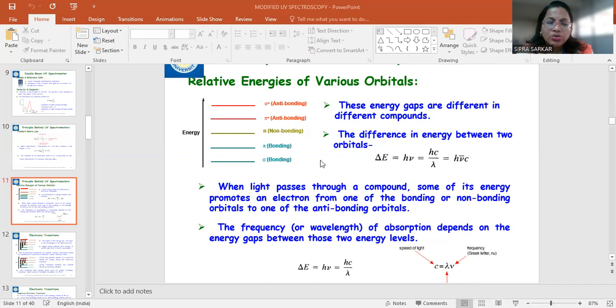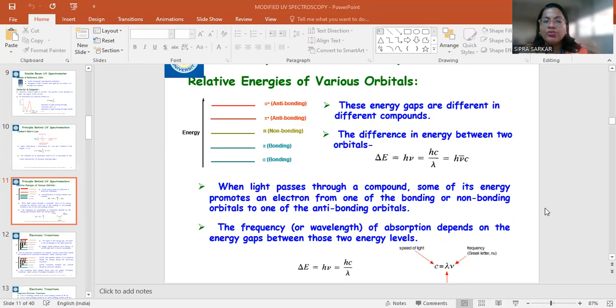So when light passes through a compound, some of its energy promotes an electron from one of the bonding or non-bonding orbitals to one of the anti-bonding orbitals. That means the electron will be residing particularly around the nucleus. Whenever light is passed through that solution, electrons absorb some of the energy.